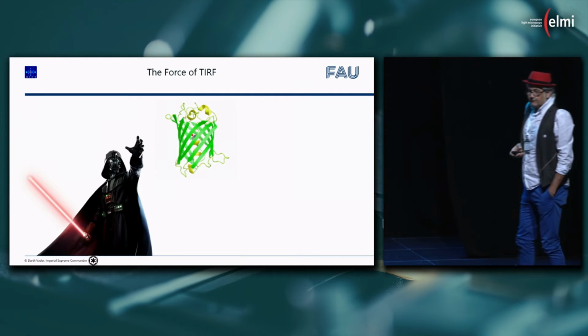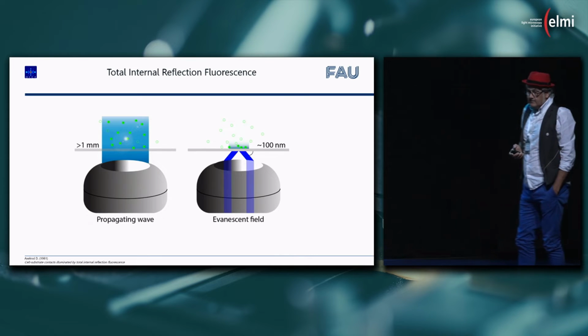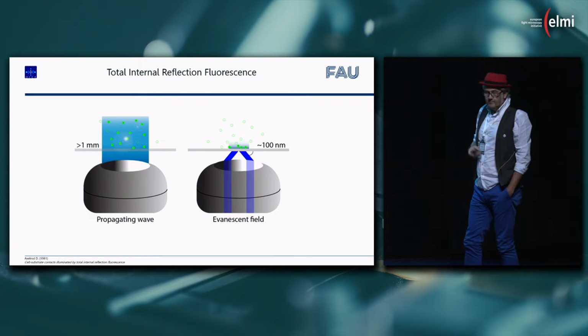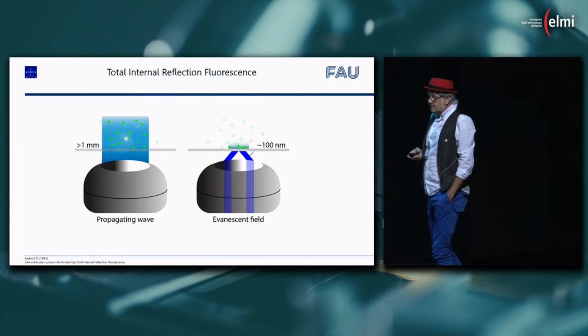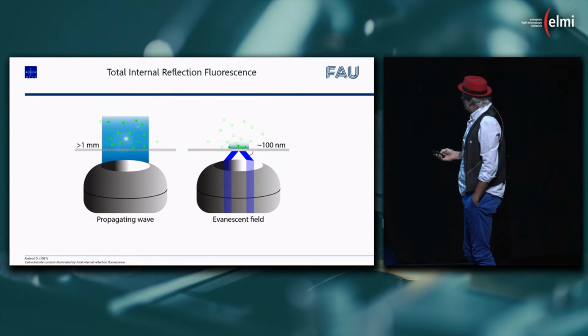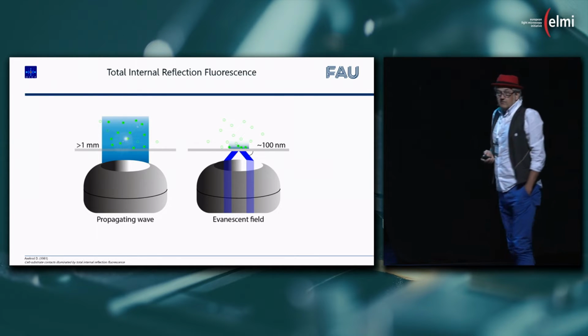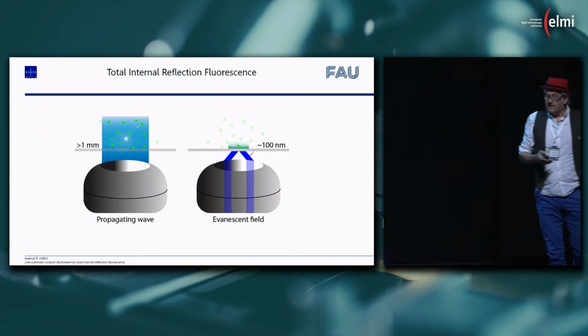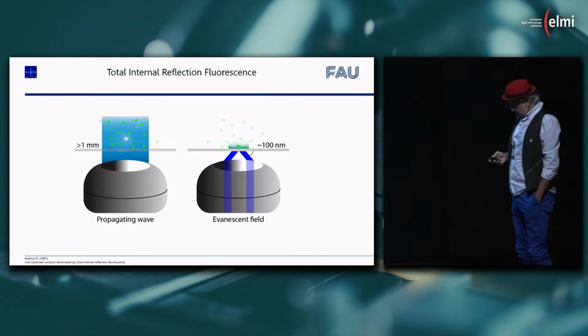It starts with the power of TIRF, which you are all very familiar with. Instead of having a propagating wave for your sample, you have this evanescent field, giving you a really good signal-to-noise ratio, and hence almost something like super resolution.